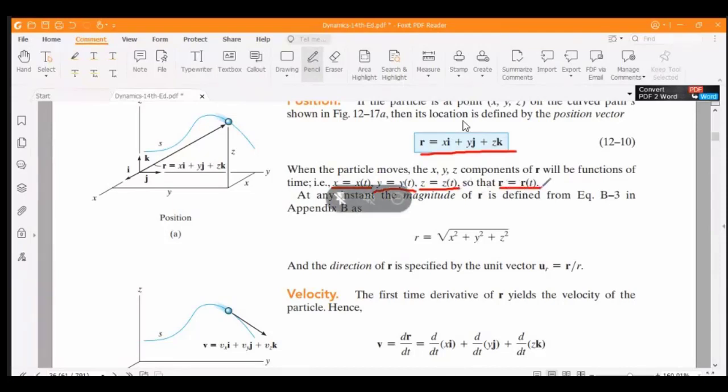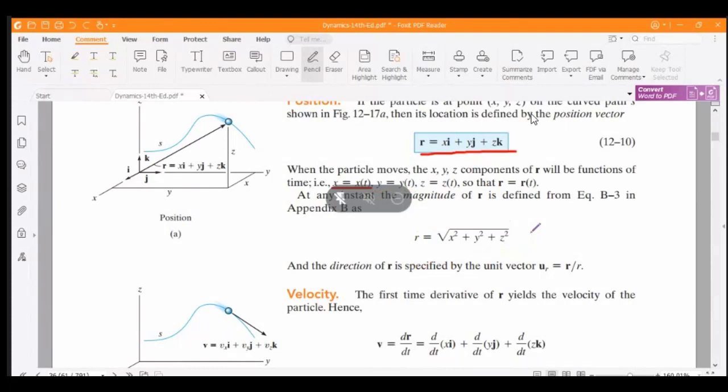That is the total r equals r(t). And the magnitude of r, we know it before, right? As it is a rectangular coordinate system, it is the square root of the summation of the squares of the coordinate positions.